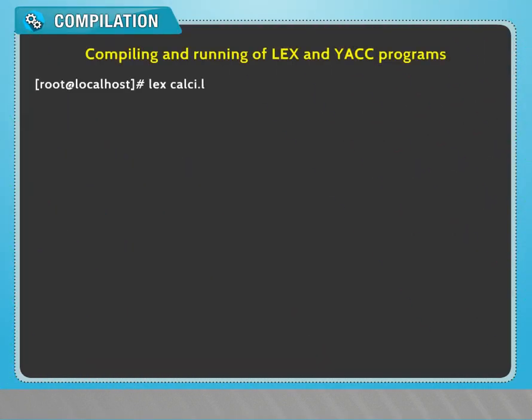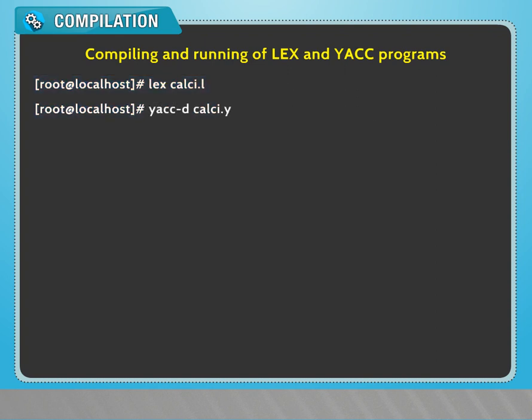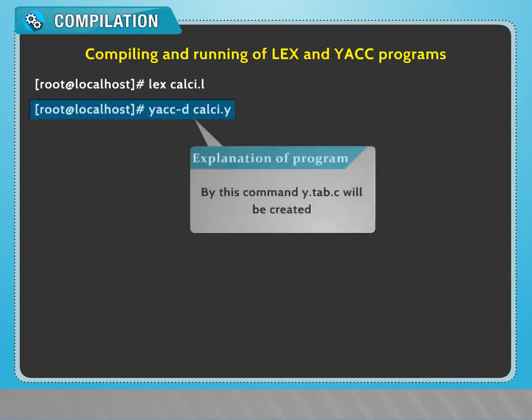Compiling and running of Lex and YACC programs. The output of the program can be obtained by the following commands on the Unix shell. root@localhost# lex calc.l. By this command, lex.yy.c will be created. root@localhost# yacc -d calc.y.